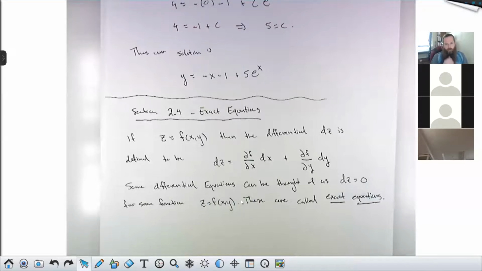That's the idea. But we need to know what type of differential equations, when do we see an expression like that, and are we free to interpret it in this way? There's a particular condition, so I'll go ahead and share that with you, and then I'll show you how to look at it.